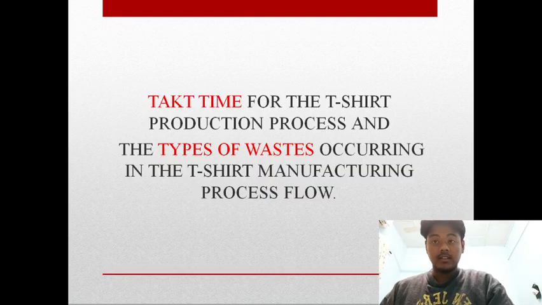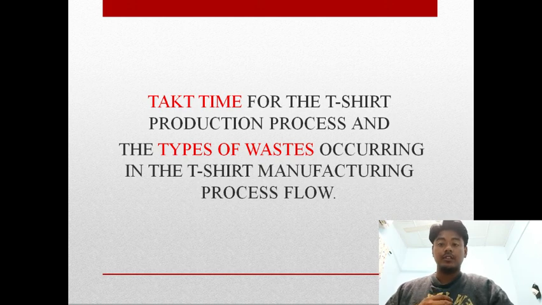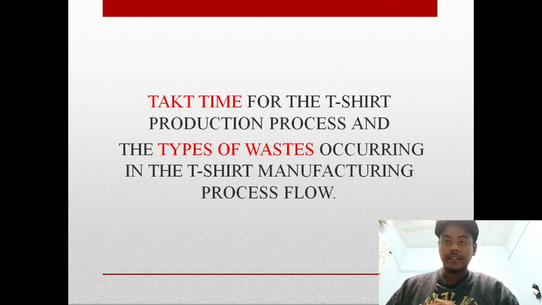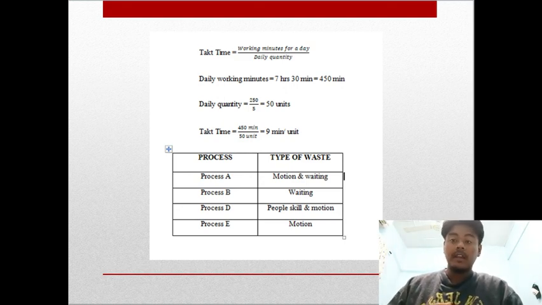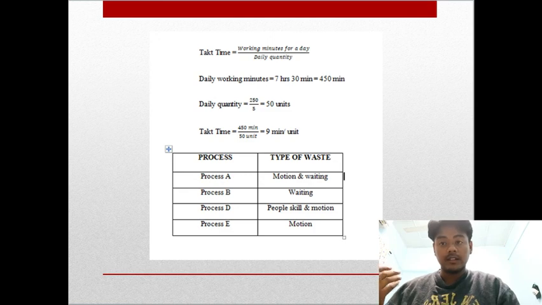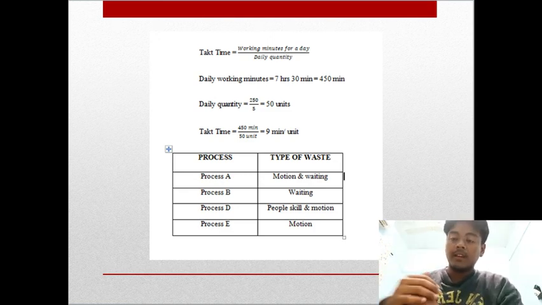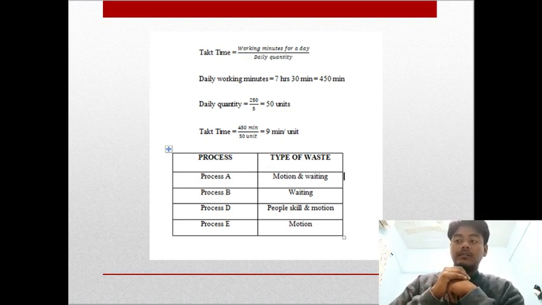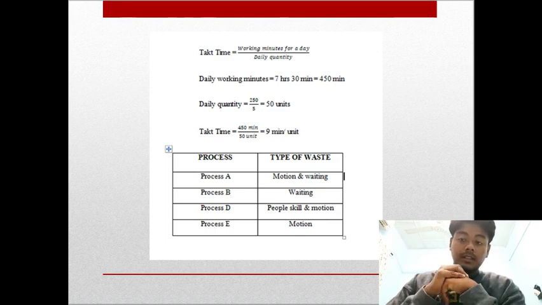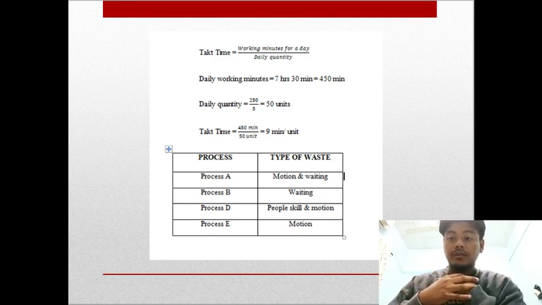Okay, next we want to show the take time and the waste for this process. As we know, the formula for take time is working minutes for a day over the units produced for a day. For the first step, we need to calculate the minutes working daily, which is 7 hours and 30 minutes, and we have to convert it to minutes.